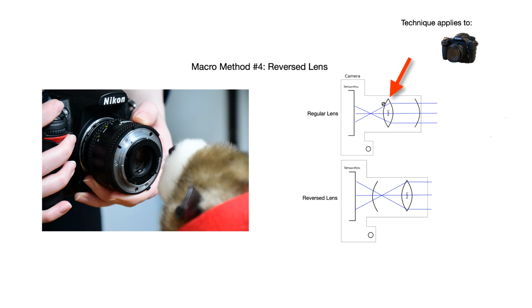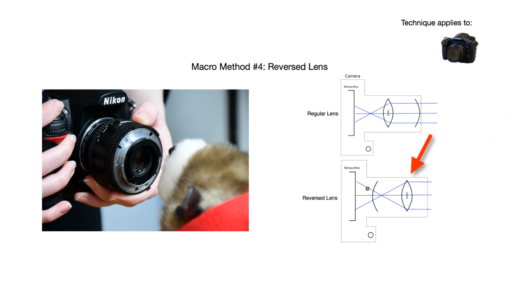So the main lens in your camera that focuses the light, this convergent lens, switches places. So in a regular lens, let's say the lens is positioned about here. In a reverse lens, we're moving that lens farther up in the camera.